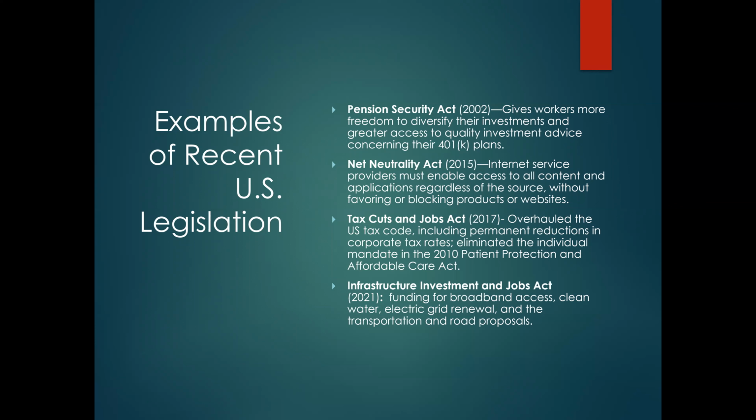A more recent example would be the Infrastructure Investment and Jobs Act, which provides funding for broader access, clean water, electric grid renewal, and transportation and road projects. All these changes in legislation also come with a significant amount of resources that help industries operating in that particular space prosper in the long run, right?